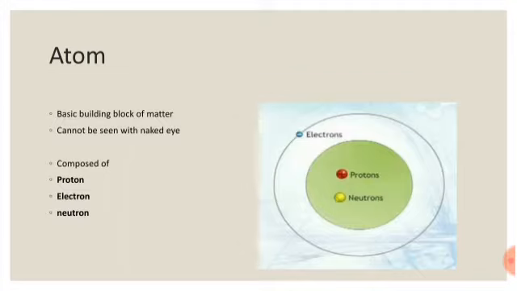In the picture you can easily understand that a proton and neutron are present in the center and form the nucleus of the atom, and the electrons revolve in the orbit around the nucleus.